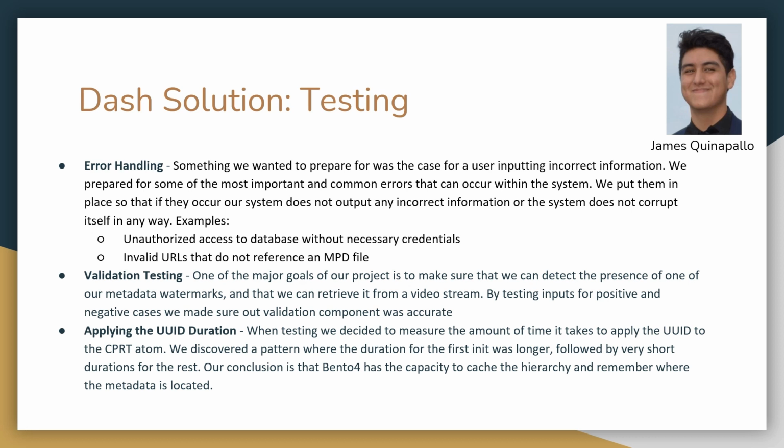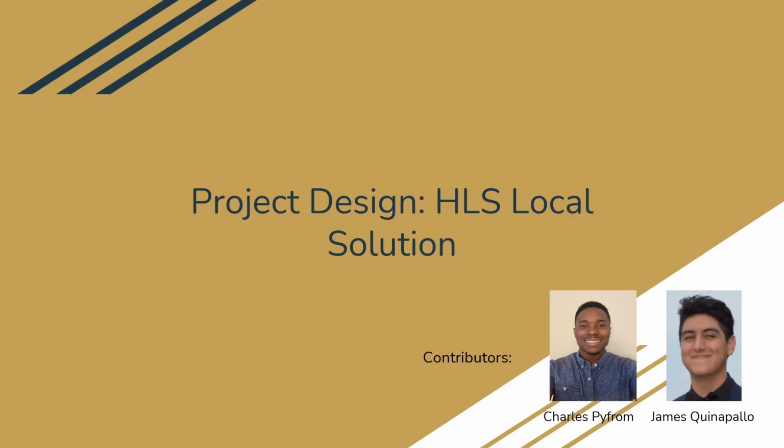We realized that this was likely because Bento 4 has the capacity to cache the hierarchy, remember where the metadata is located, where Bento 4 is the tool that we use to apply UUIDs.